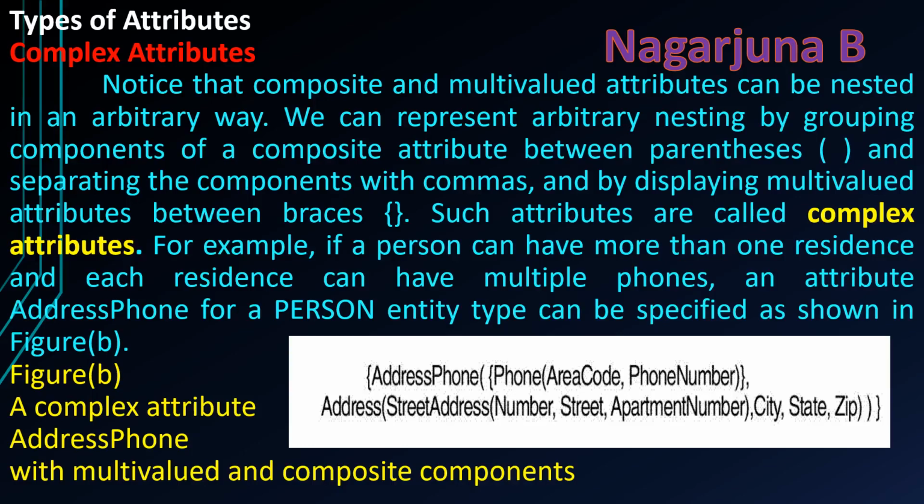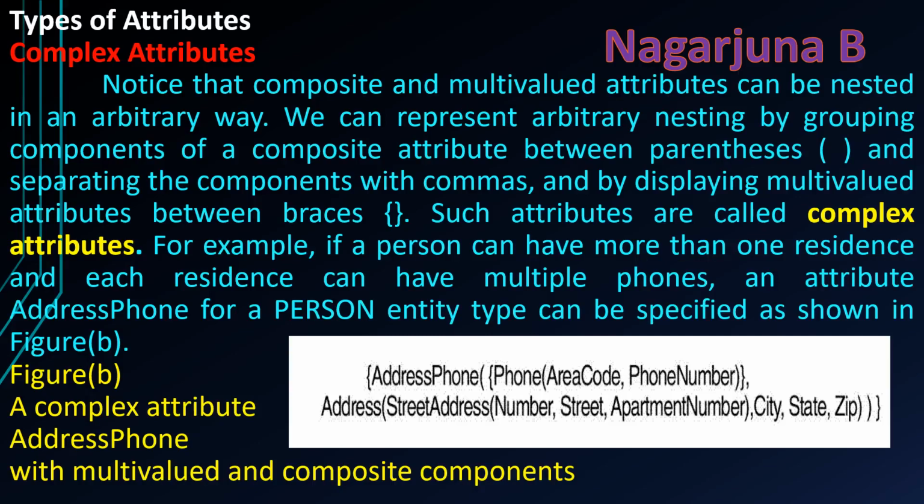Within the curly brackets we represent a multivalued attribute. Within the small brackets we represent a composite attribute. These kinds of attributes are called complex attributes, and complex attributes consist of composite and multivalued attributes which are nested in an arbitrary way.